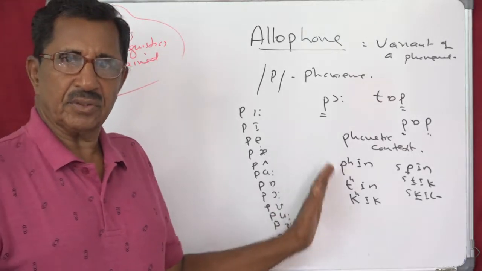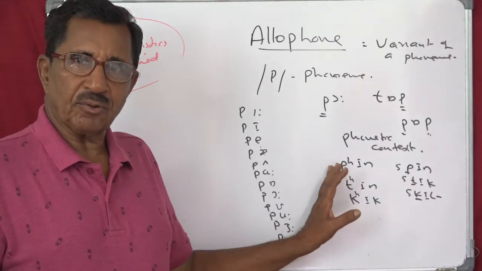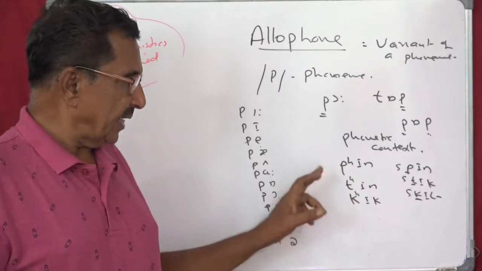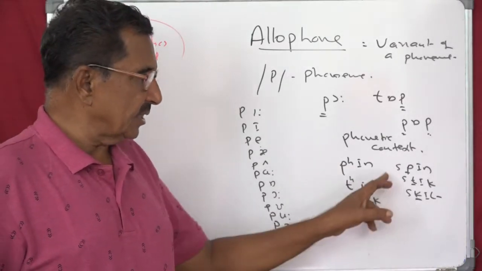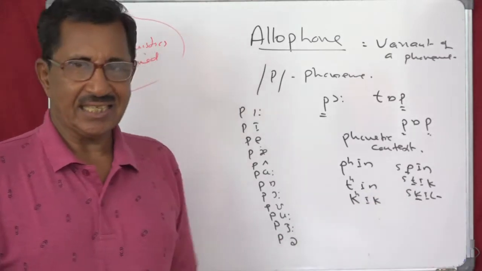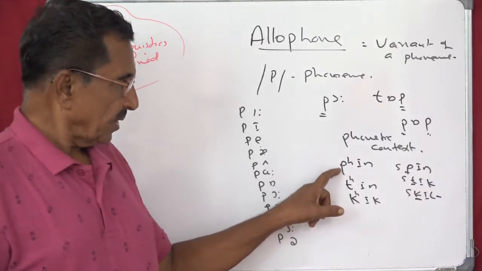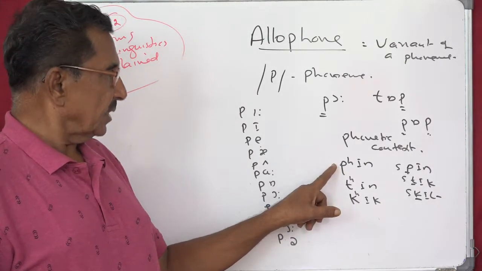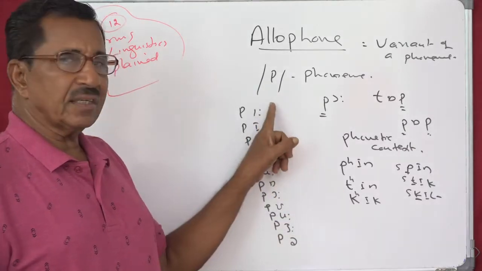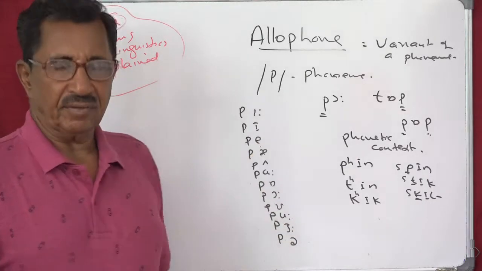Occurring in the initial position is a phonetic context. So they are accompanied by a small h sound or puff of air. Pin, tin, kick. But here it is spin, then stick, and skit. So we will say that this aspirated P is the variant of the P phoneme. Aspirated T is a variant of the T phoneme, and aspirated K is a variant of the K phoneme.